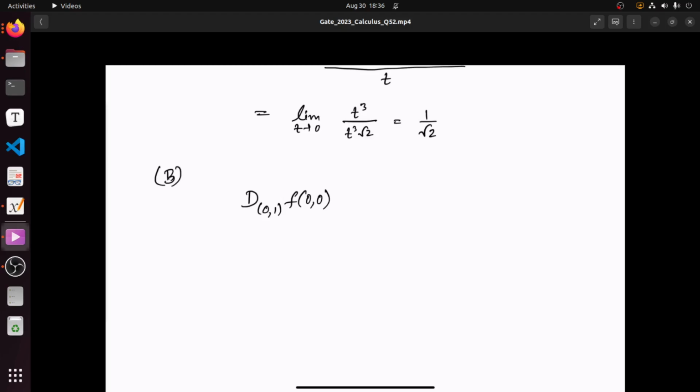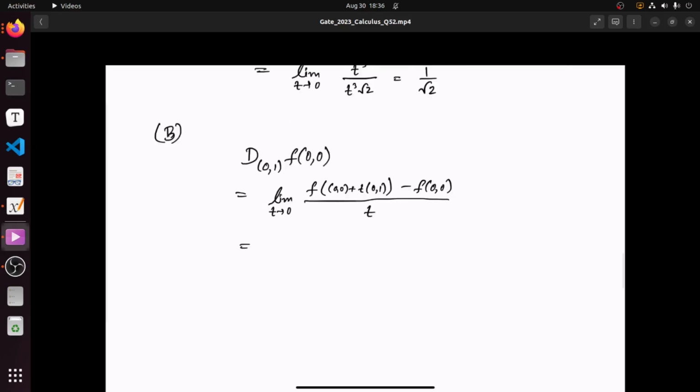By definition, this is limit t tends to 0 of f of (0, 0) plus t of (0, 1) minus f of (0, 0) by t, right? If you put this in the function, this is basically 0 minus 0 by t. So it will be 0.